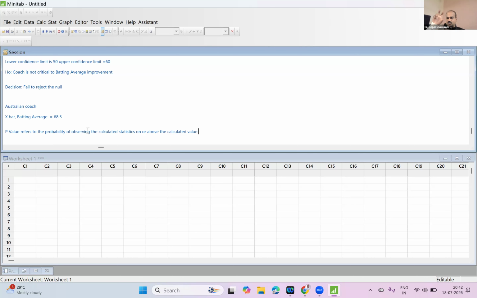That's all. Whatever value we calculated the average to be, 68.5, the probability for the statistic to appear exactly at 68.5 or even above, and that is why I've drawn it like this.